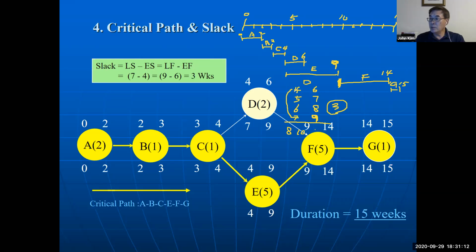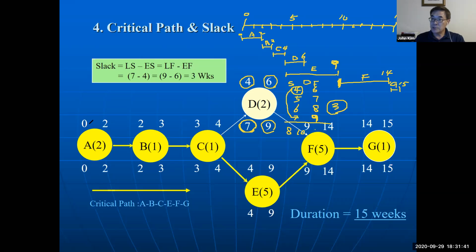So among the start times and finish times, 4, 5, 6, 7: 4 is the early start, 7 is the late start, 6 is the early finish, and 9 is the late finish.